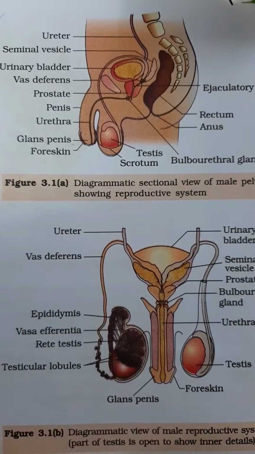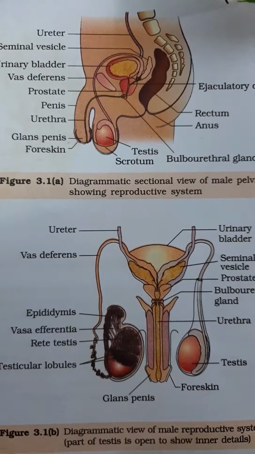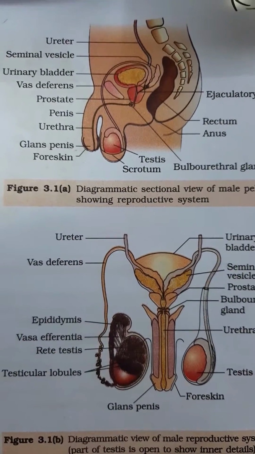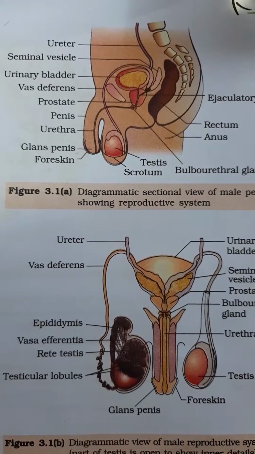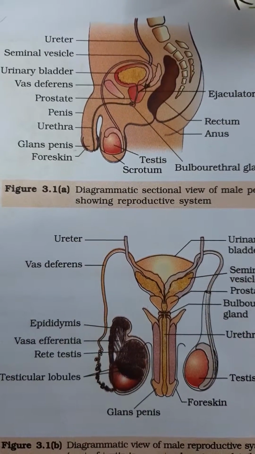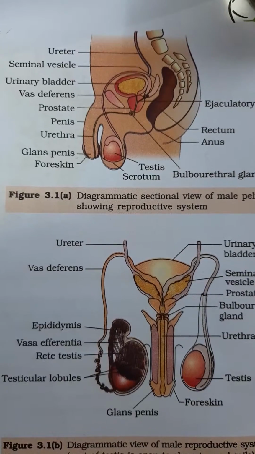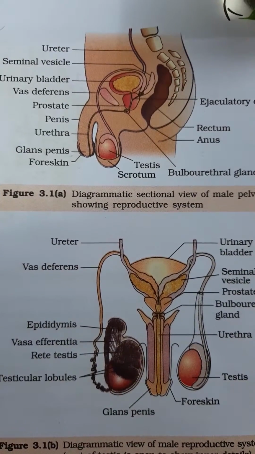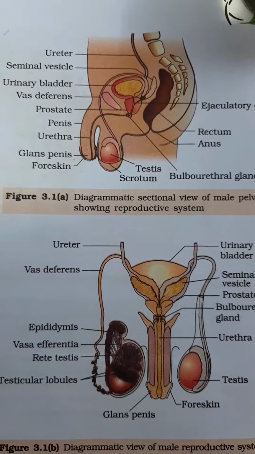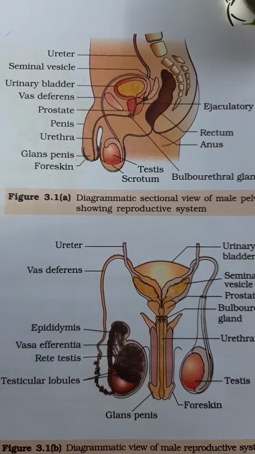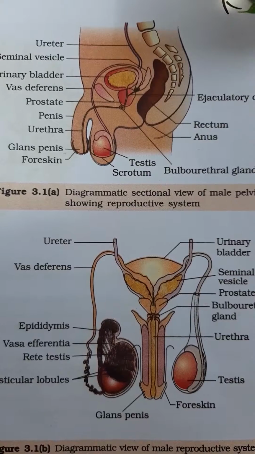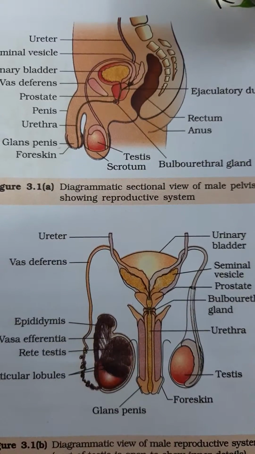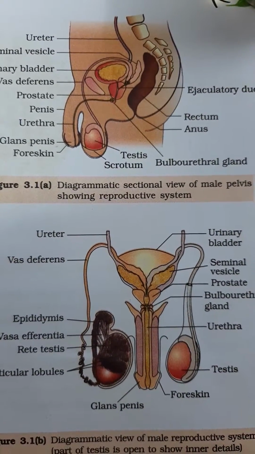The ducts that you find in the male reproductive system are, first, the epididymis. The epididymis is paired, and it has a mass of tubules attached to the posterior surface of the testis. The epididymis is the site of sperm maturation, and it also stores spermatozoa or mature sperms. Apart from that, there is the vas deferens, paired ducts extending from the epididymis to the ejaculatory ducts.